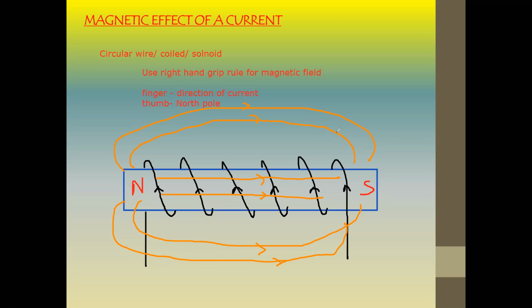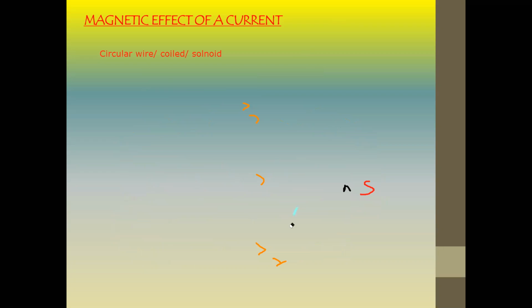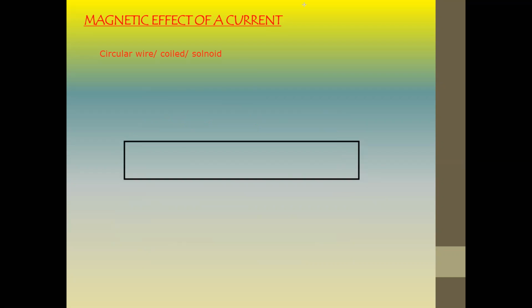So it can be the other way around, you may have another direction. If this was a cylinder on which you wrap the wire around, the current this time is in the opposite direction.